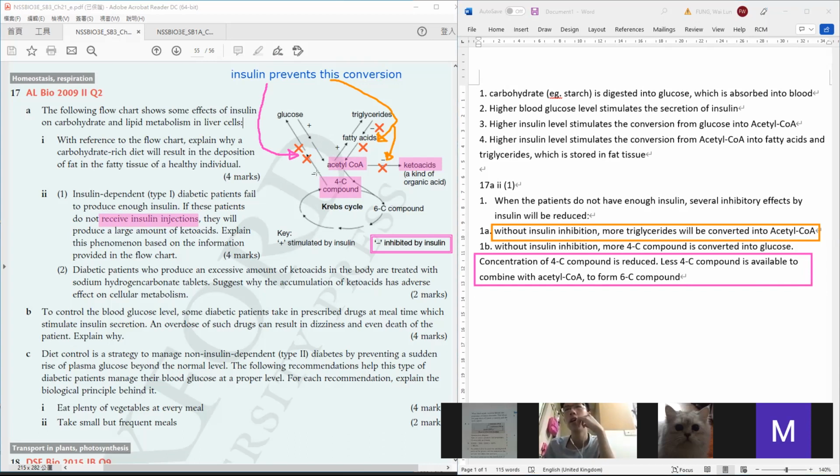We don't have enough 4C now, so there's nobody to bind to acetyl-CoA. Therefore, acetyl-CoA will accumulate.